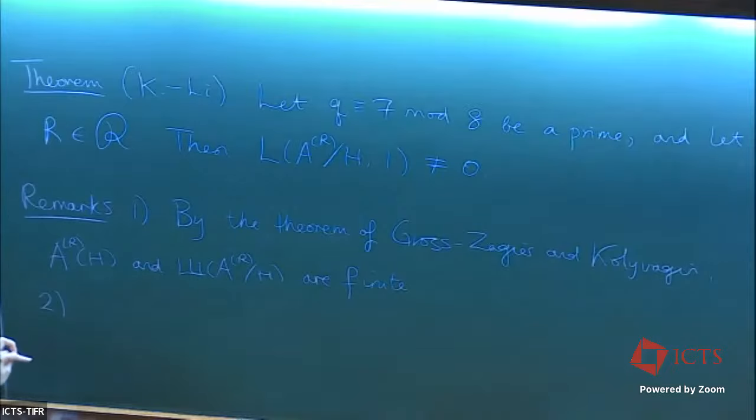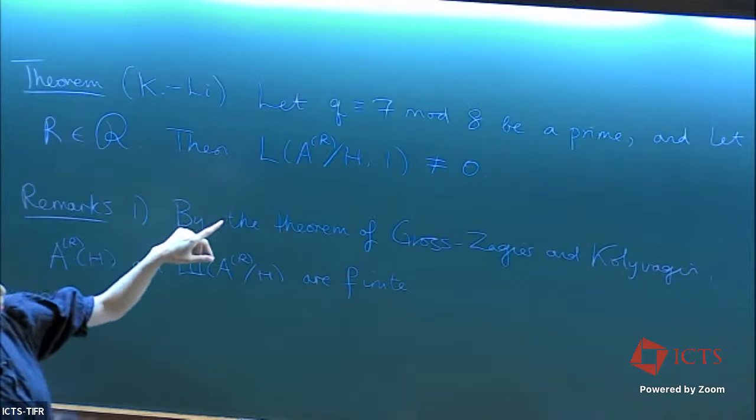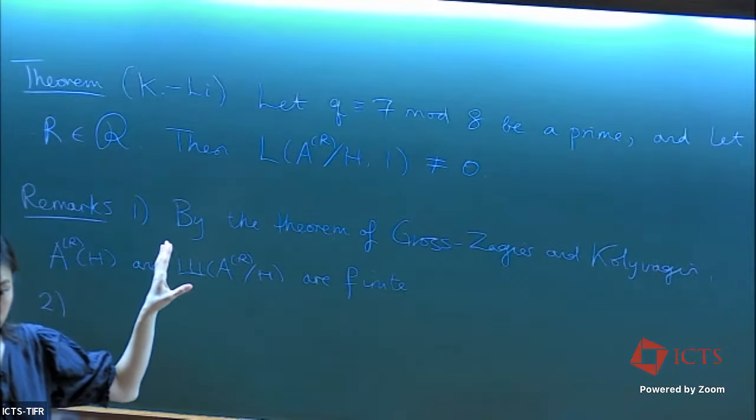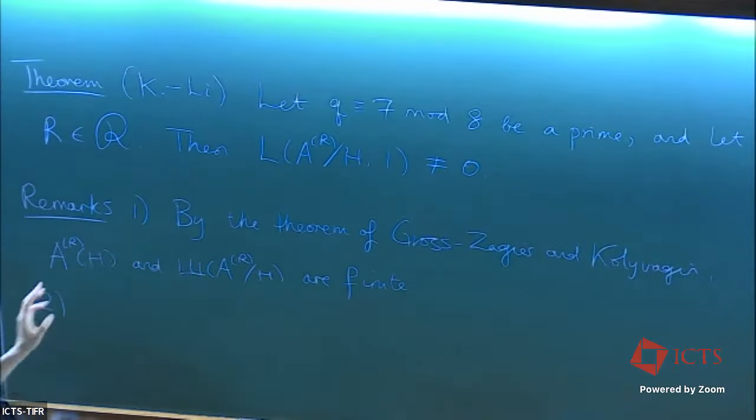And secondly, when Q is congruent to 7 modulo 16, this theorem is due to Coates and Lee.